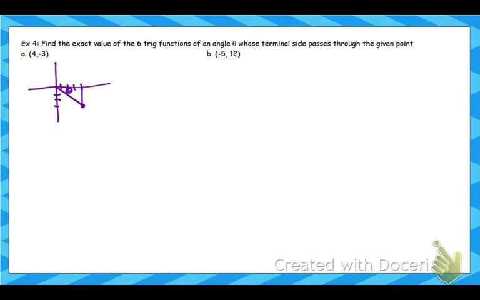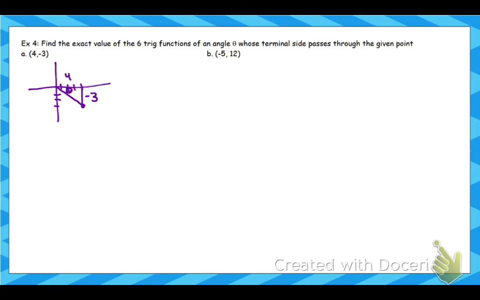It's very similar to what we did before the break, but the difference here is we can now consider positives and negatives. Over here at the top, I've gone horizontally a distance of 4. I've also gone vertically down a distance of 3. So instead of just writing 3 because of the distance, I'm going to put negative 3. What I could do is the Pythagorean Theorem to find my missing side.